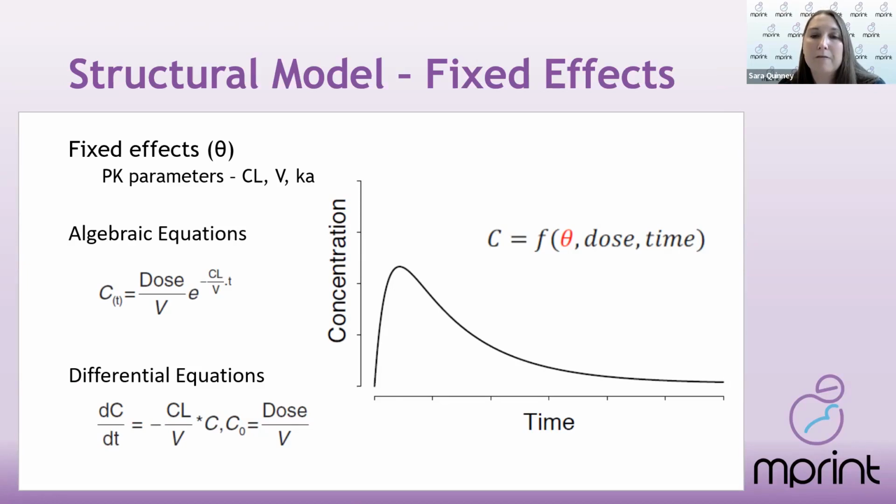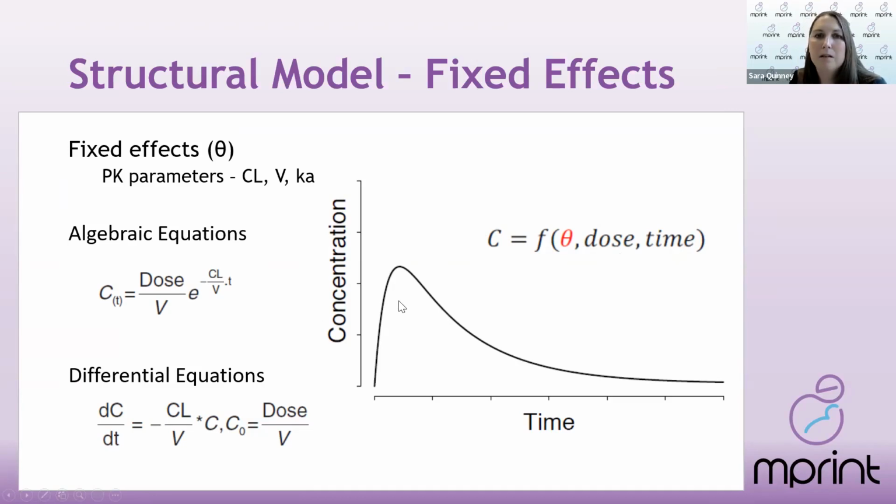This will identify the fixed effects, or theta is another term that's used for those. These are simply your PK parameters, your clearance, your volume, your Ka, and they're determined as a function of the concentration versus time curve as a function of those parameters, the dose, and the time.